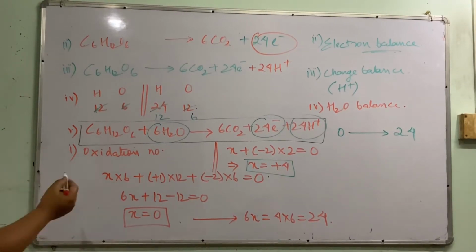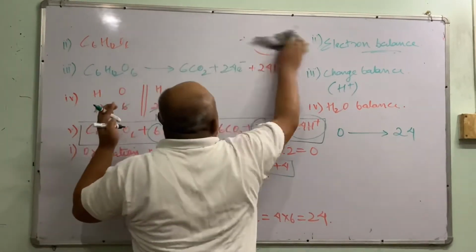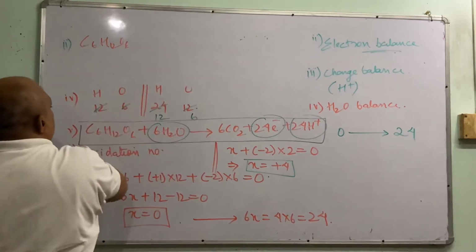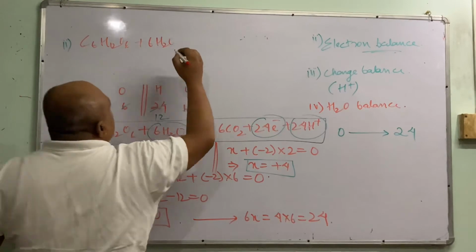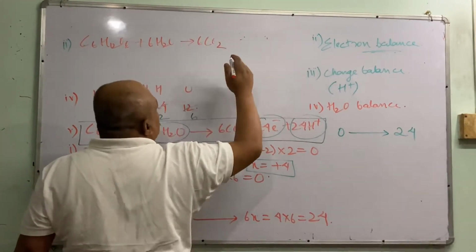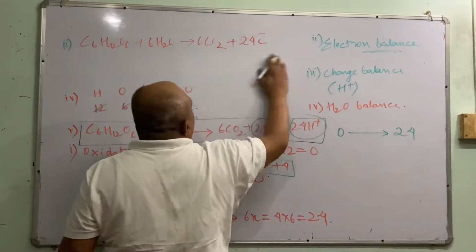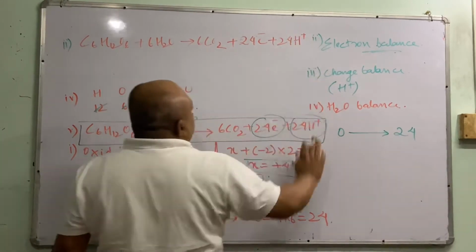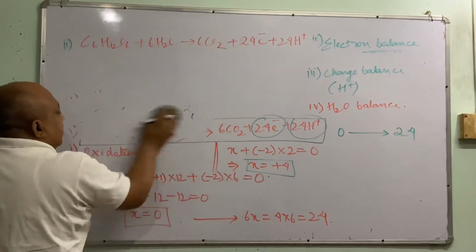So let me write over here, finally, plus 6 molecules of water gives 6 CO2 plus 24 electron plus 24 proton. This is one half reaction. Okay? Now let me do the remaining second part.